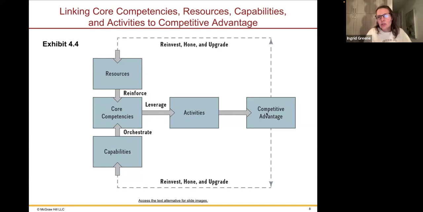Together that creates your competitive advantage. The dotted lines going back show that you always want to reinvest, hone, and upgrade, because the external environment is always changing, and you need to adapt as you go. The example in the textbook is Yeti and its high-end camping gear, which I thought was so cool because it's become so popular in the last 10 years.